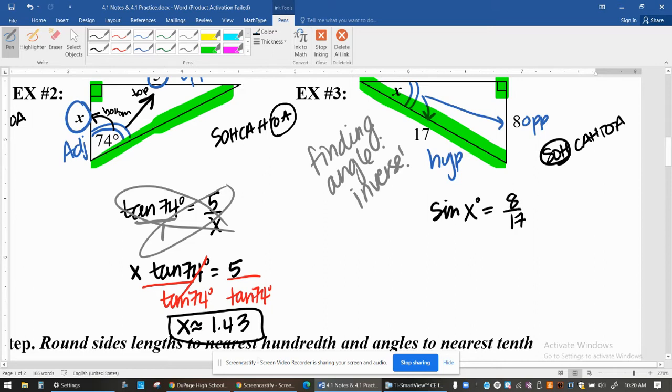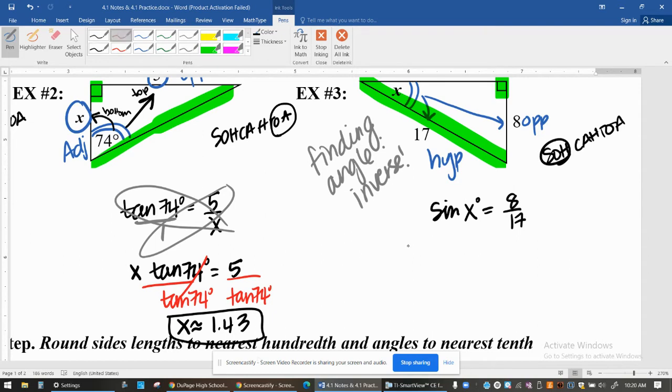Now, sine is an actual operation. When you take the sine of an angle, it does something to it. So the same way, if you were adding something to x, you would have to cancel the addition with subtraction. If you're taking the sine of x, you have to cancel the sine with the inverse sine.